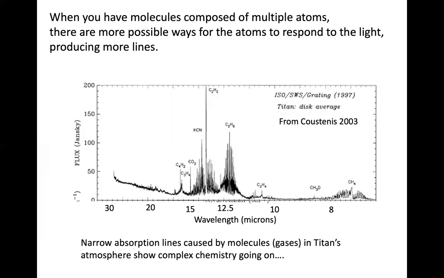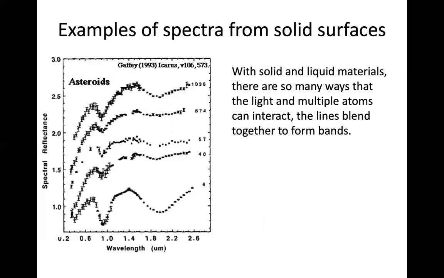And if you go to solid objects, objects that are now many, many atoms all connected up, this gets even more complicated, and it turns these narrow features into what are called absorption bands, broad spectral features that you typically see when you look at the spectrum of solid objects.